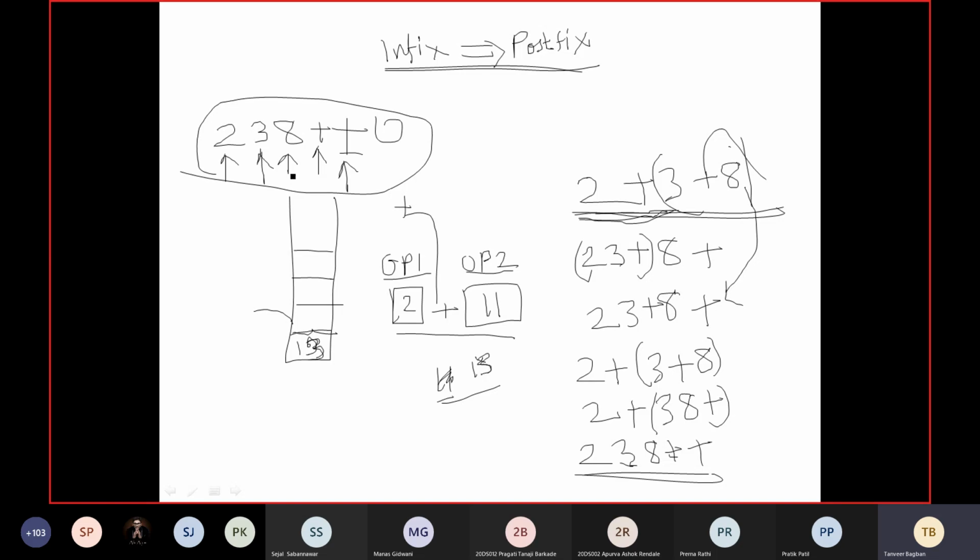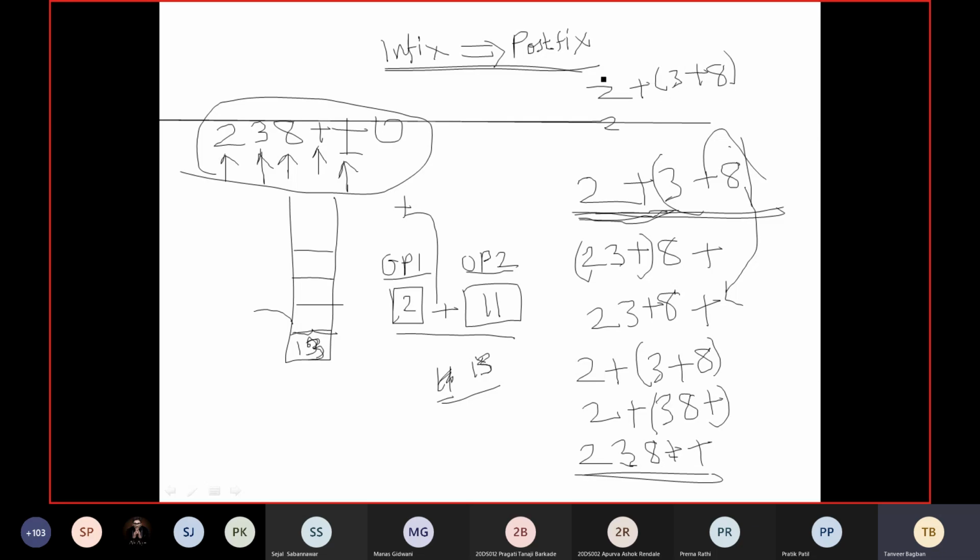this expression. Now let us do the same thing for the expression 2 plus 3 plus 8. Even though you do it for 2 plus 3 plus 8 or with parentheses, both are going to be the same because plus is a commutative operation.